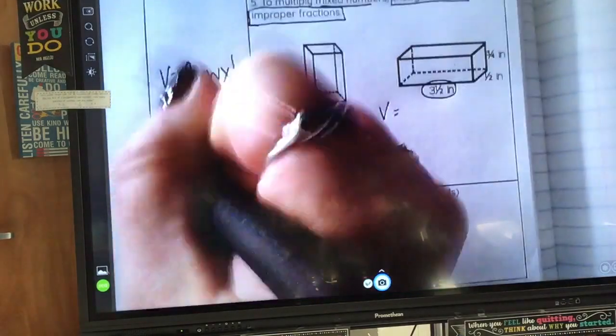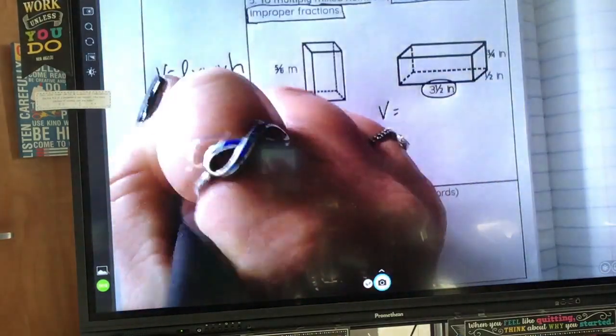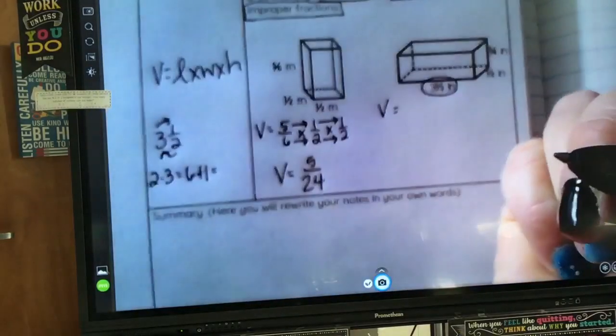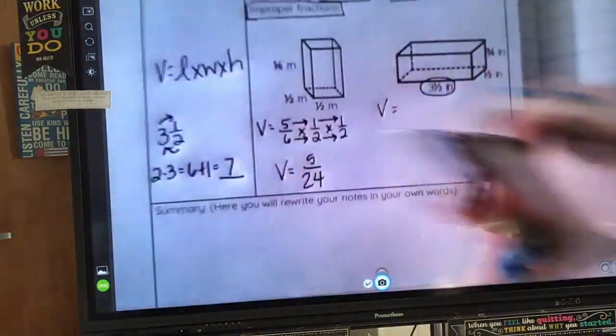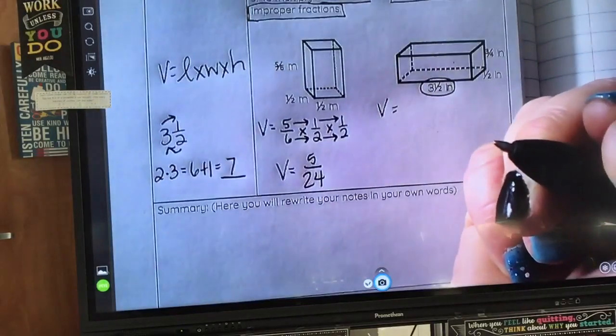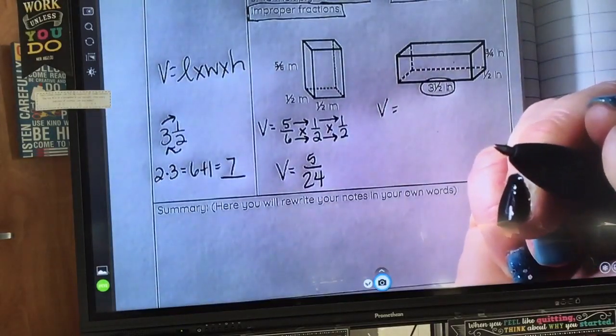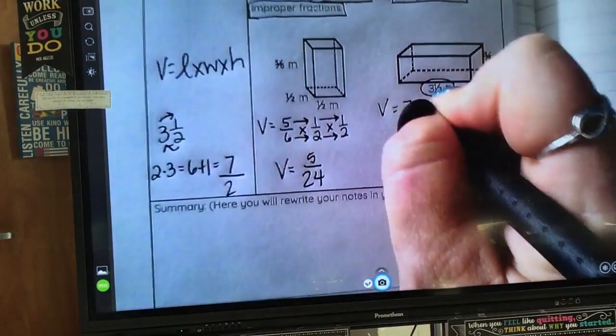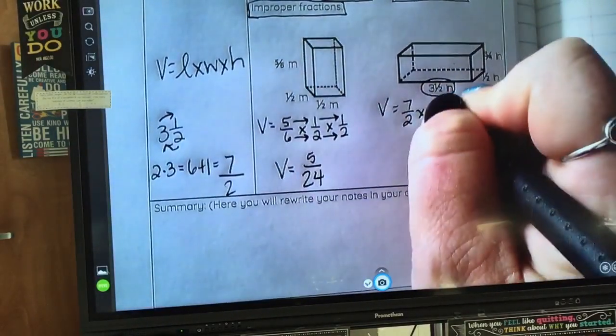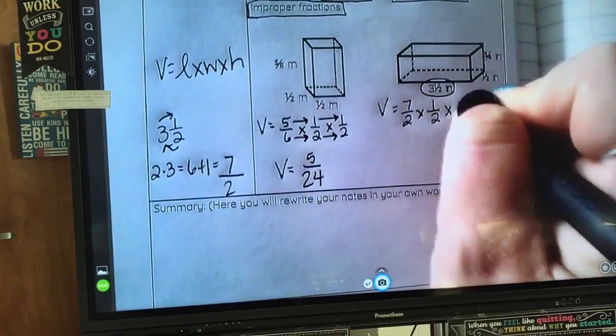Okay. And then I take that answer and I add 1 to it. So raise your hand and tell me what is 6 plus 1? 7. And what is my denominator, Kaya? Alright, so this becomes 7 halves times 1/2 times 3/4.